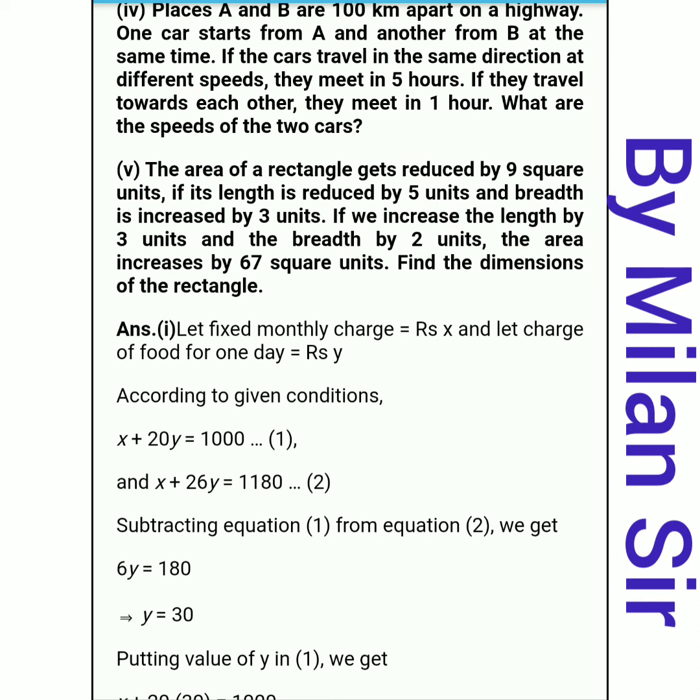Now here it is given that if we reduce the length by 5 units, our original length x needs to be reduced by 5, so minus 5. If we increase the breadth by 3 units, so plus 3.